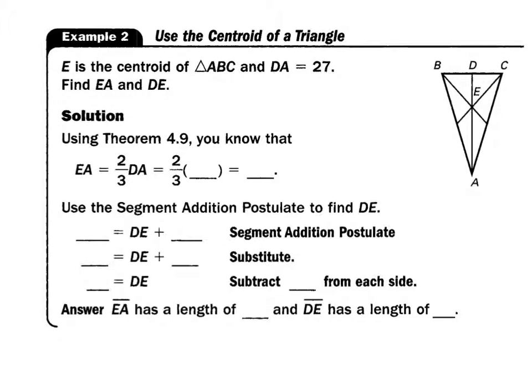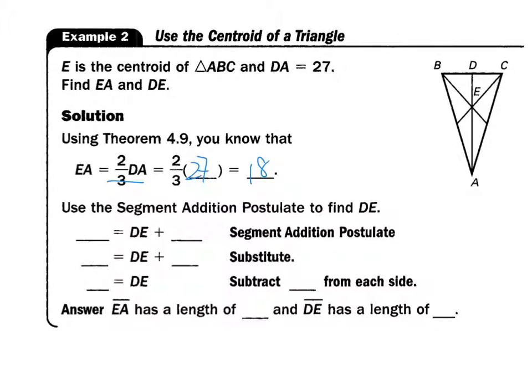Find EA and DE. So this is pretty straightforward. If we recall theorem 4.9, EA has to be 2/3 of the whole length of the median, which is AD or DA, which is right here.